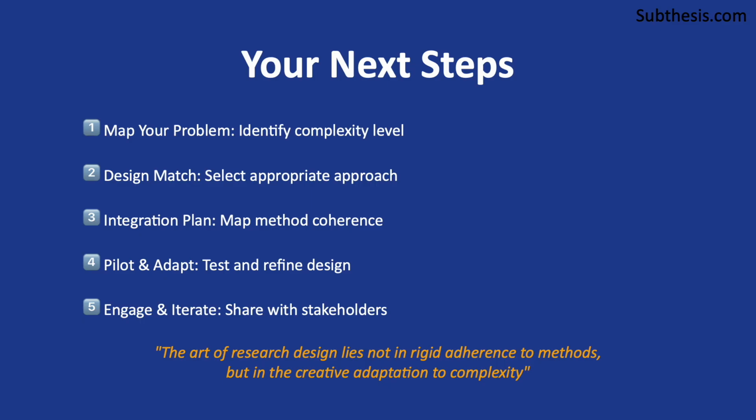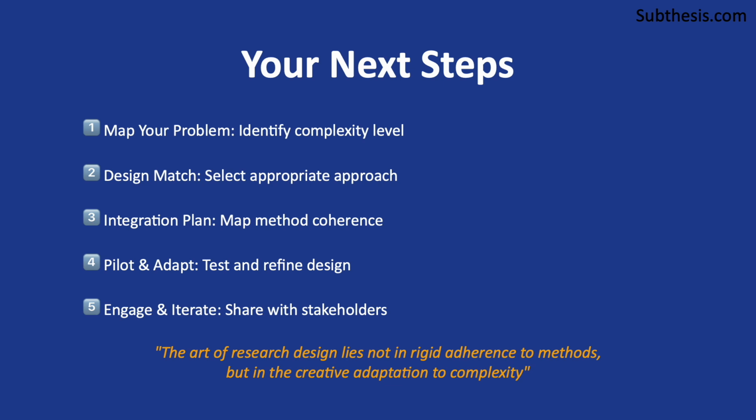Your next steps are 5-fold. First, map your problem to identify its complexity level using the framework we've discussed. Second, match your design approach to your problem's complexity. Third, create an integration plan mapping how different methods will work together coherently.